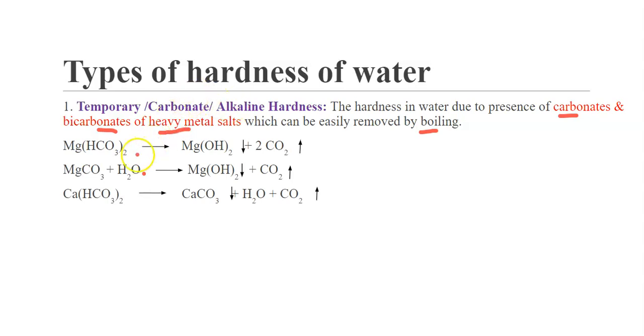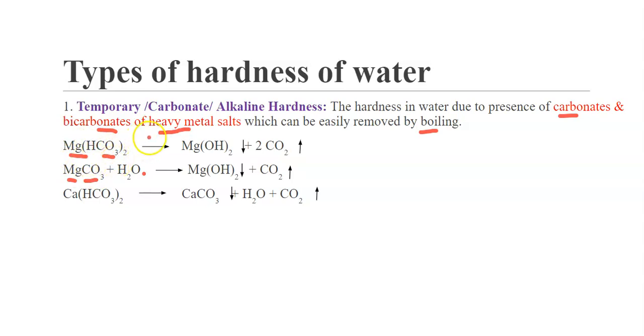So let's have a look at what exactly happens here. The first salt is magnesium bicarbonate. The second is magnesium carbonate. If these bicarbonate and carbonate salts of magnesium are present in water, the water will have temporary hardness.